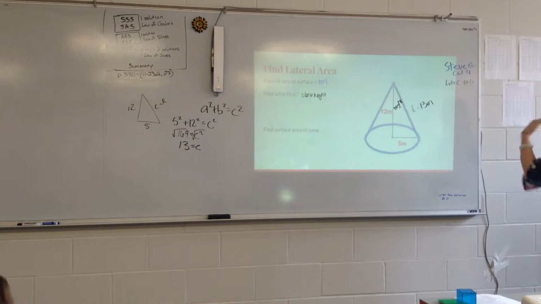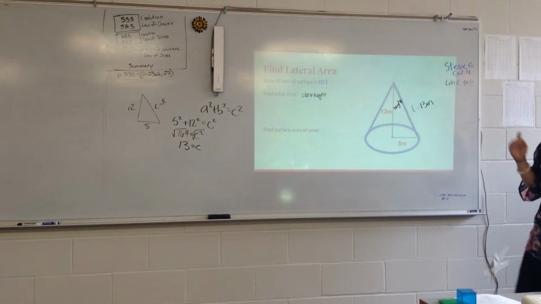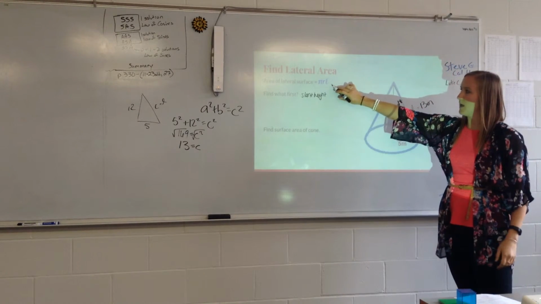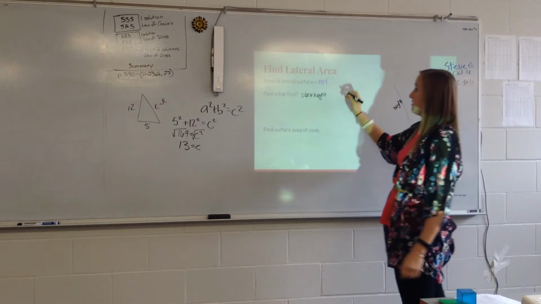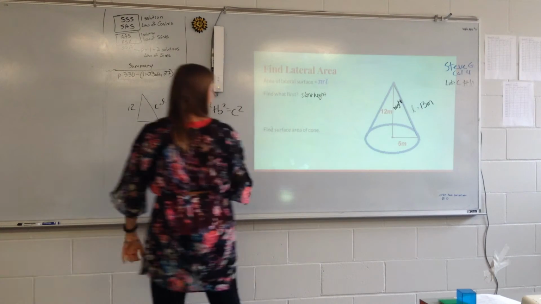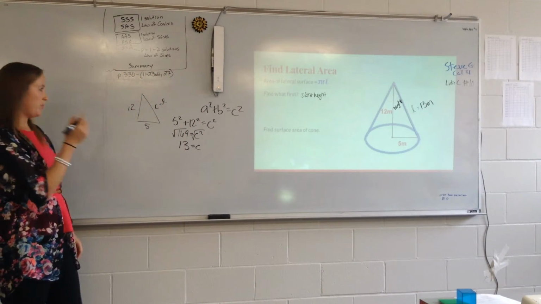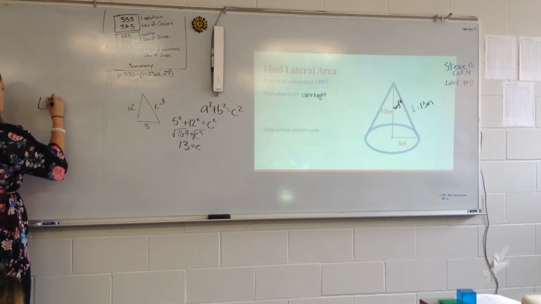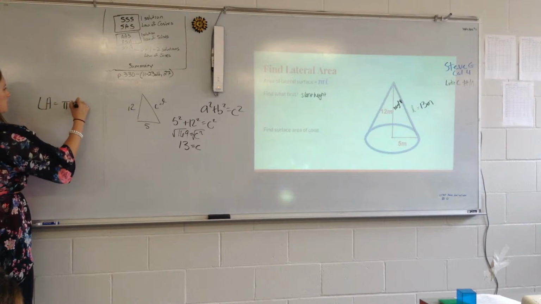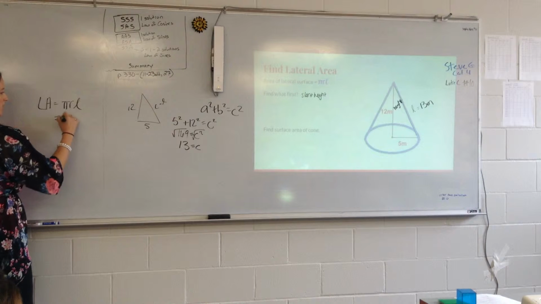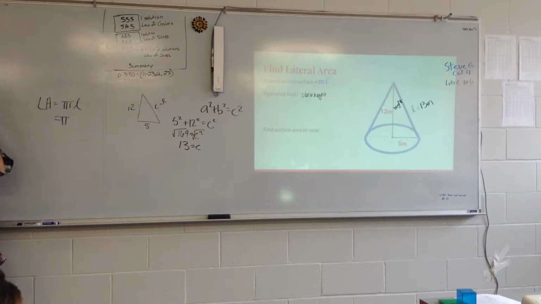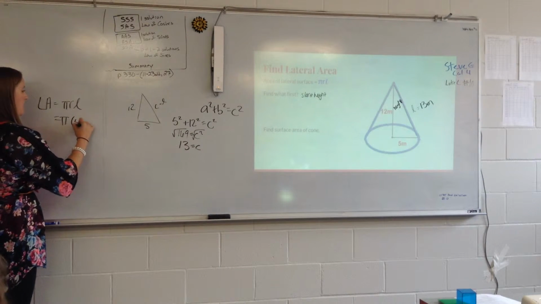Now, what do we say our lateral surface area of the cone is, around the cone? Here's a hint for our formula to find that area. Pi r L. Good. So we plug in. What's our radius? Our radius is 5.